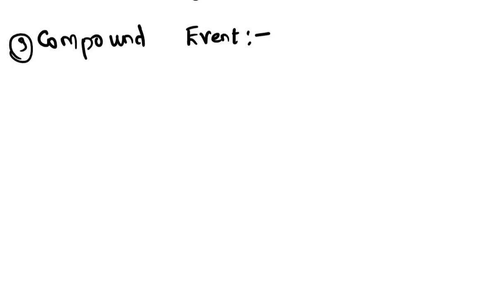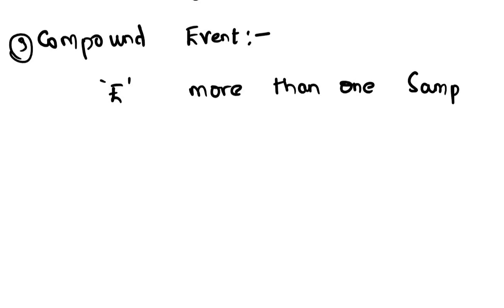Next type is the compound event. If an event E has more than one sample point, then it is called a compound event.